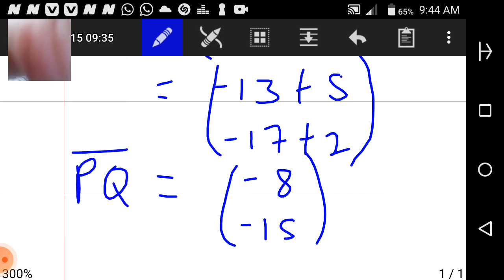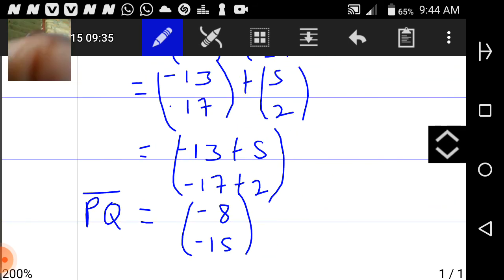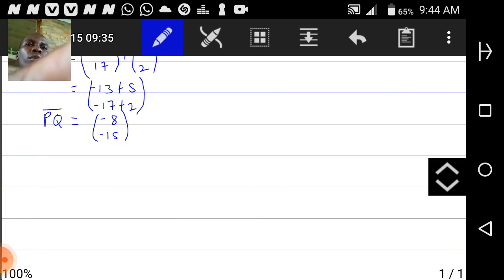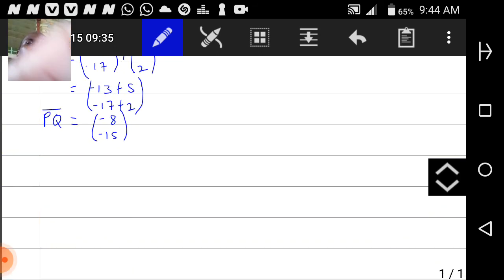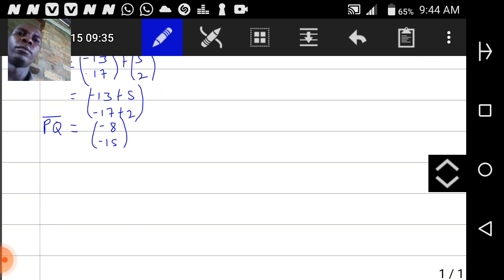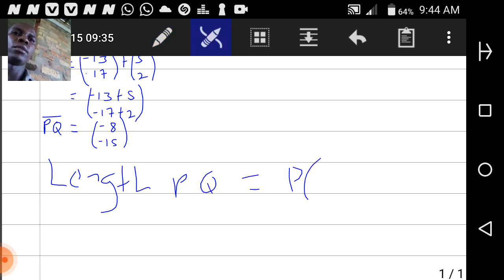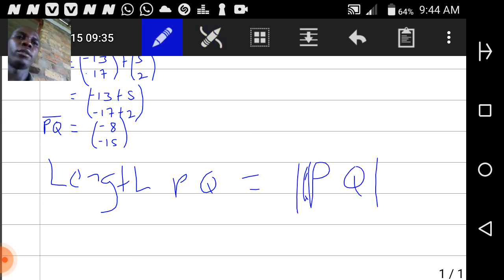Now they want us to find the length of PQ. The length of PQ is noted as the magnitude of PQ.